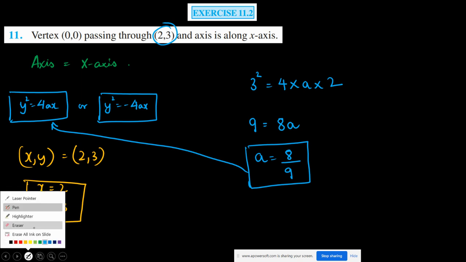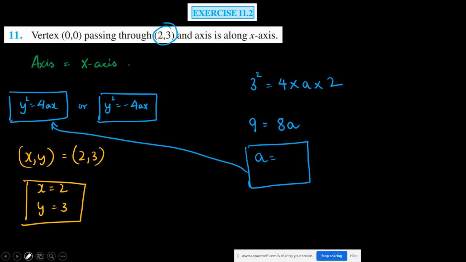Yes, sorry, I have written it the wrong way around. It is going to be 9 divided by 8. Divide by 8 on both sides, it is going to be 9 divided by 8. The same thing you have to substitute back in this equation. You will be getting y square is equal to 4 multiplied by 9 divided by 8 multiplied by x.